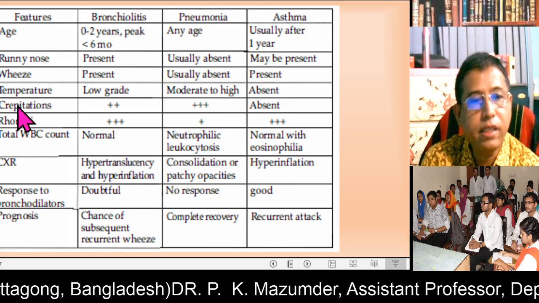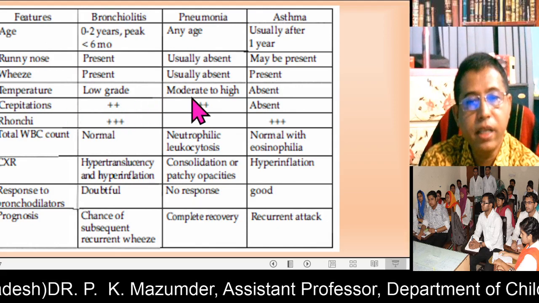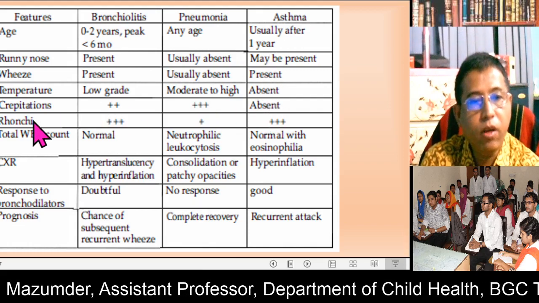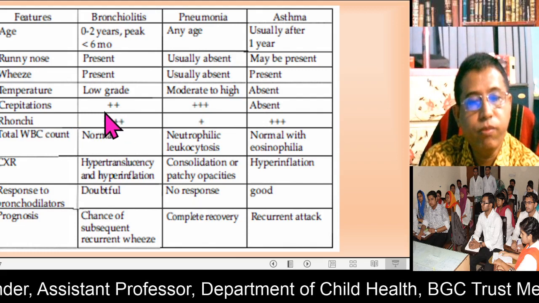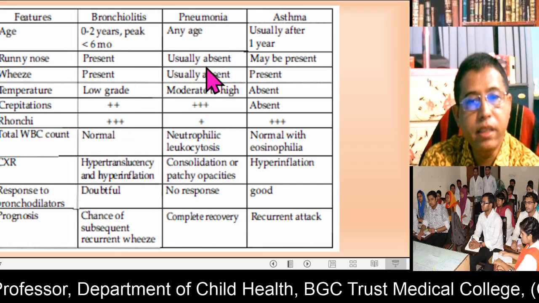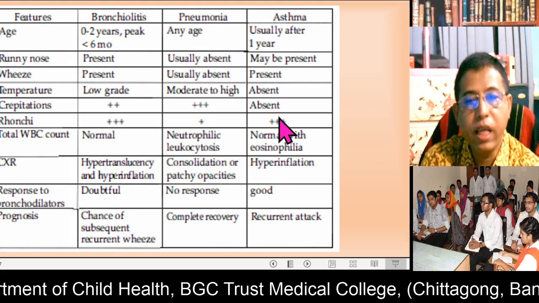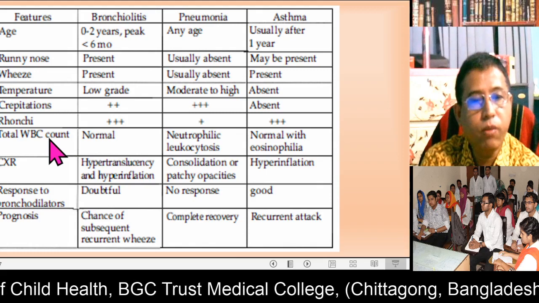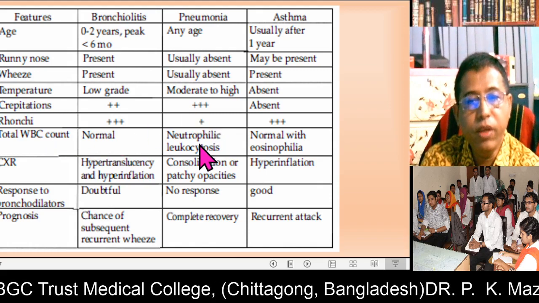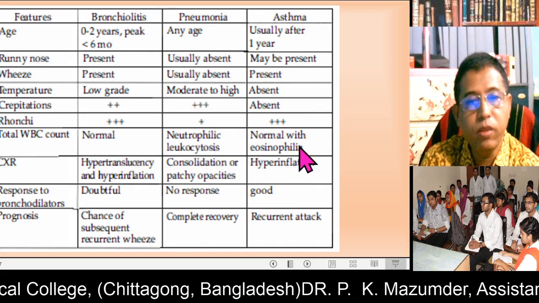Crepitation is less marked in bronchiolitis, more marked in pneumonia, and usually absent in asthma. Rhonchi are bilateral in bronchiolitis, less common in pneumonia and more common in bronchial asthma. Total WBC count is normal in bronchiolitis, neutrophilic leukocytosis in pneumonia, and normal with eosinophilia in asthma.